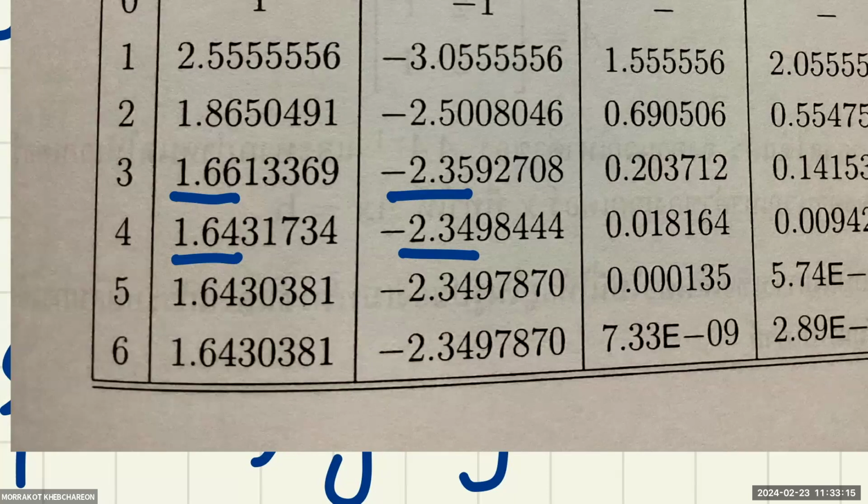So you might just say, roughly speaking, the solution would be 1.66 or maybe 1.64 and minus 2.34. Yeah. So this is when you want to write computer code. You don't want to do it by hand, okay?